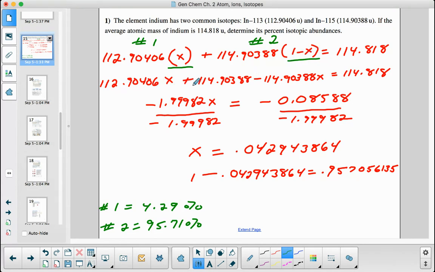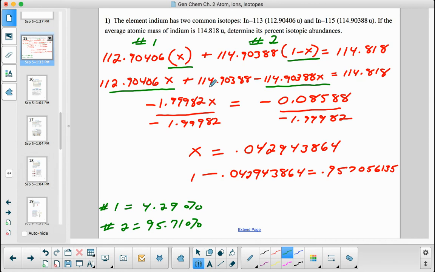So then I go through and I do a little bit of algebra. I distribute my value, and I distribute the value here, and I get my expression. Then I combine my like terms, right? If I combine my like terms, I get this value, and then I pull this over to the other side.